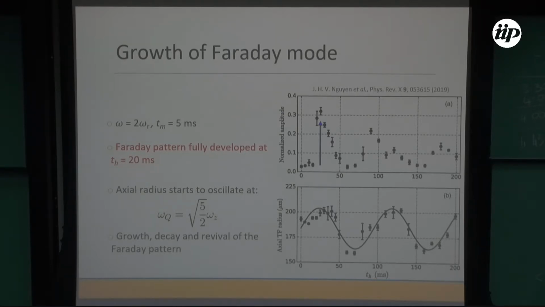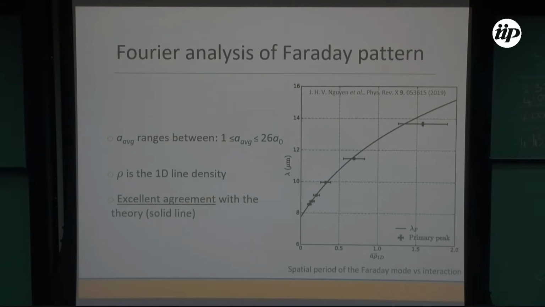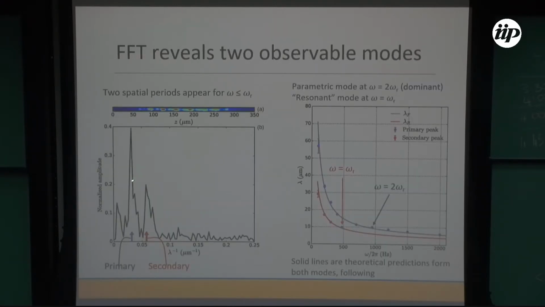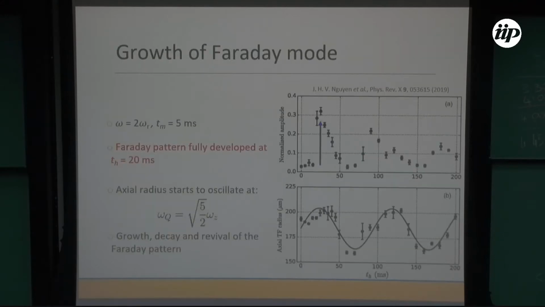But how it emerges and how it lasts over time was interesting to see. So we decided to follow this dominant peak and see how it behaves as time goes on. And we start to see growth, and then decay, and then it grows again, decays again.